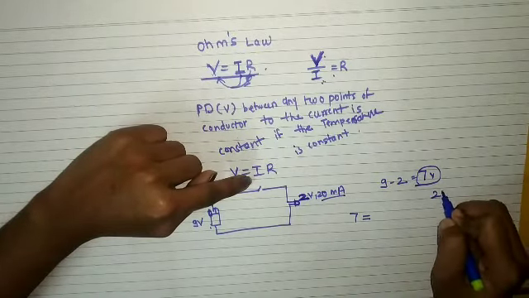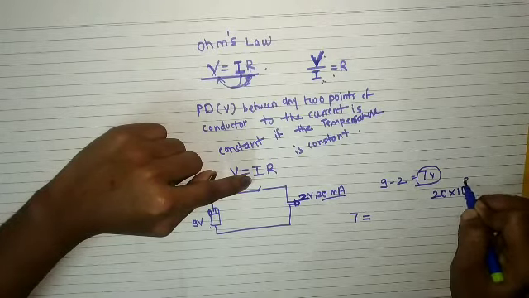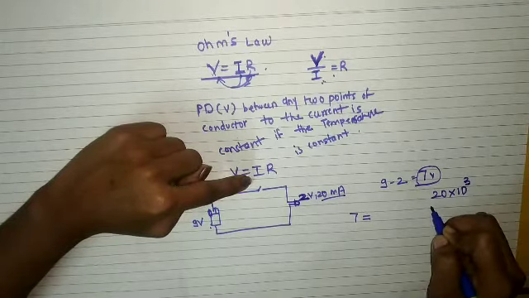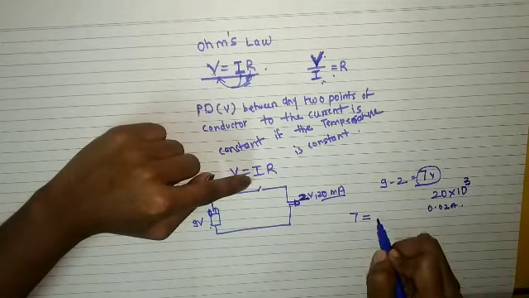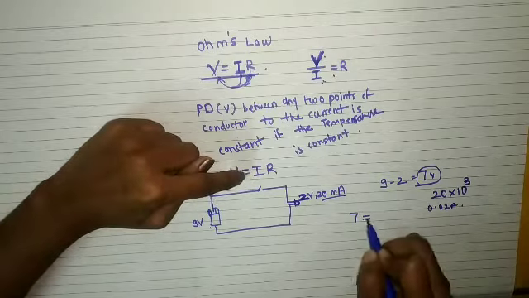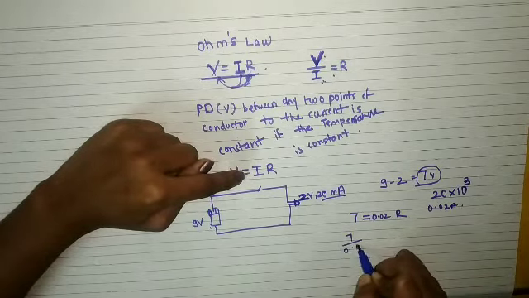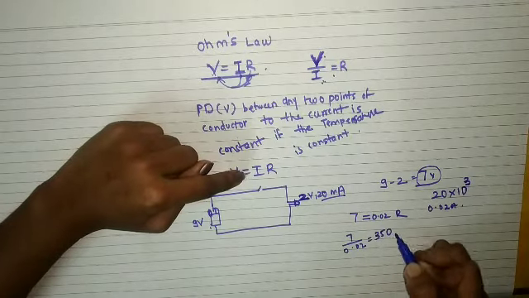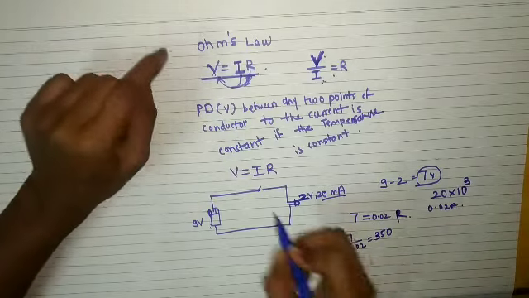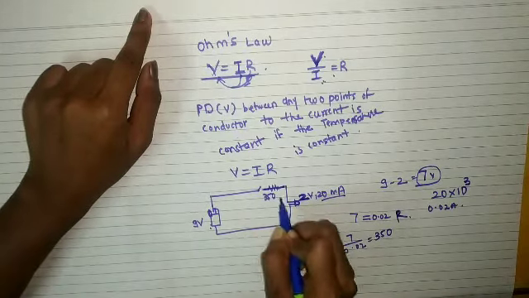The conversion is 20 into 10 raised to minus 3, that means 0.02 ampere. So 7 divided by 0.02 is equal to 350. This is our resistance, so in this circuit we'll add a resistance of 350.